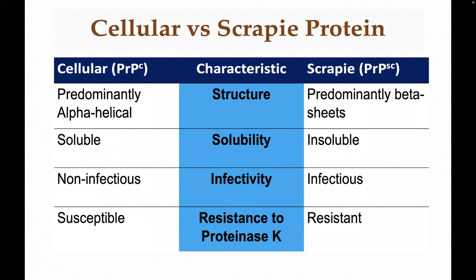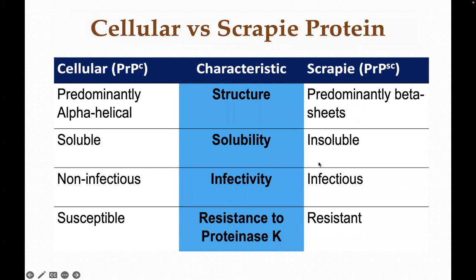So we'll now try and see a difference between the normal cellular prion protein and the scrapie protein. In terms of structure, what we've just been saying is that the cellular prion protein, PrPC, is predominantly alpha helical, while the scrapie is predominantly beta sheets.